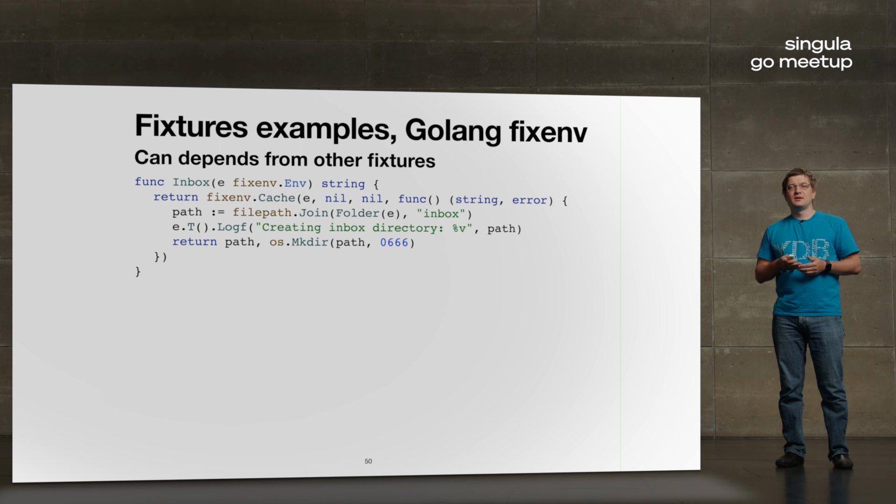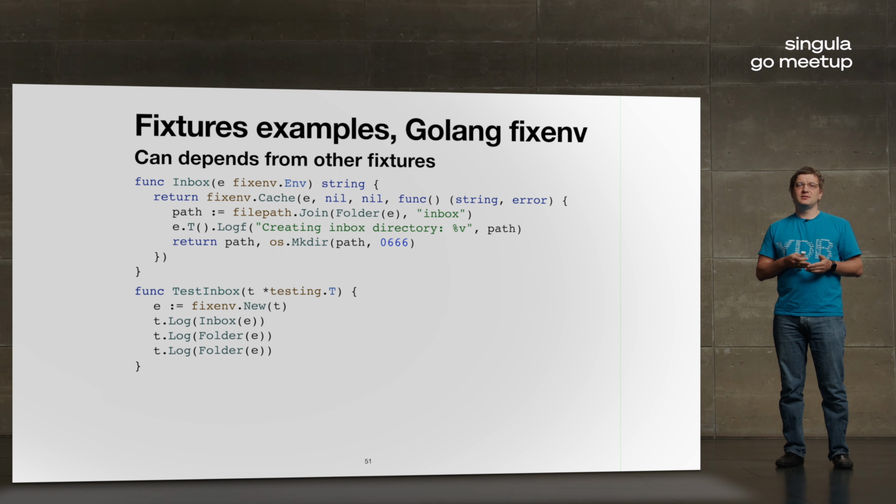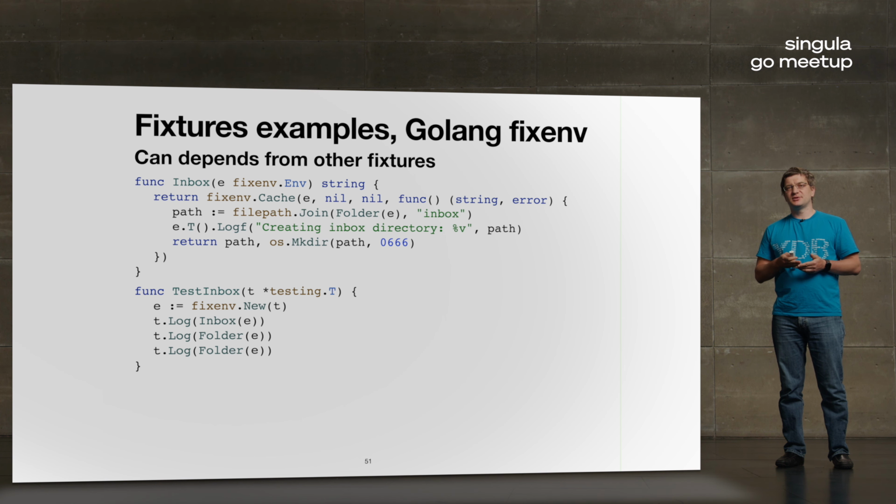As you can see, first, before work, the folder fixture will create the working folder, then inbox creates the inbox directory, then it will return, and we see logs from the test, and all of the code of the fixture inside the inbox fixture or inside the test will always return the same value.